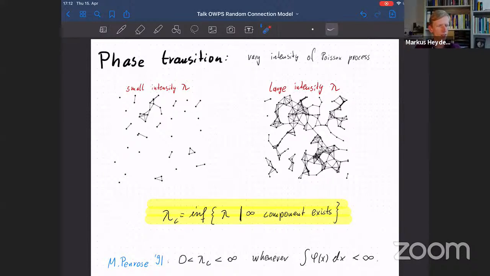Let me answer the question from the previous talk, namely whether this lambda c is trivial or not.